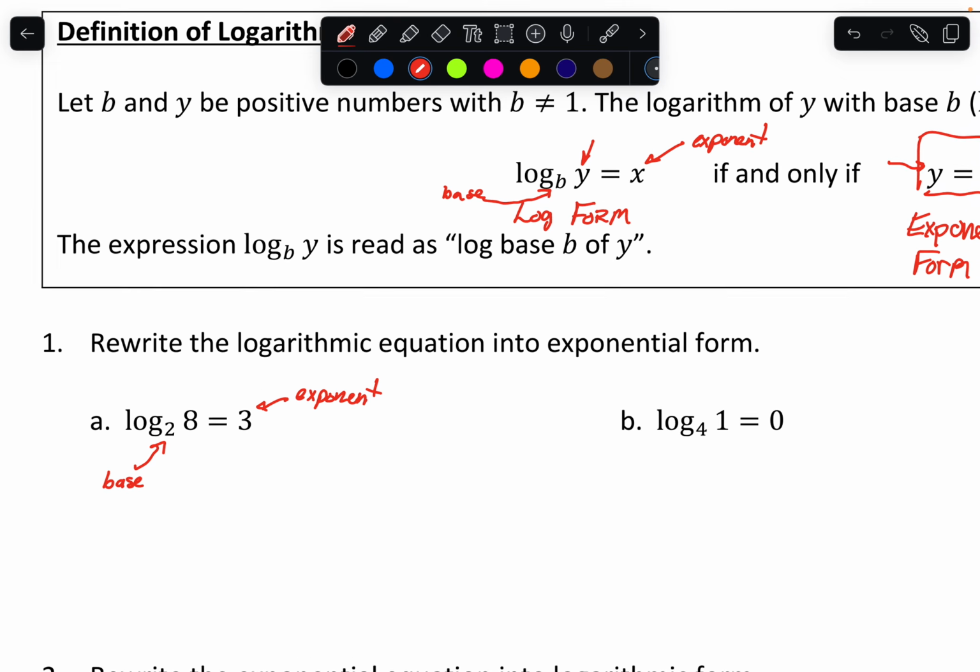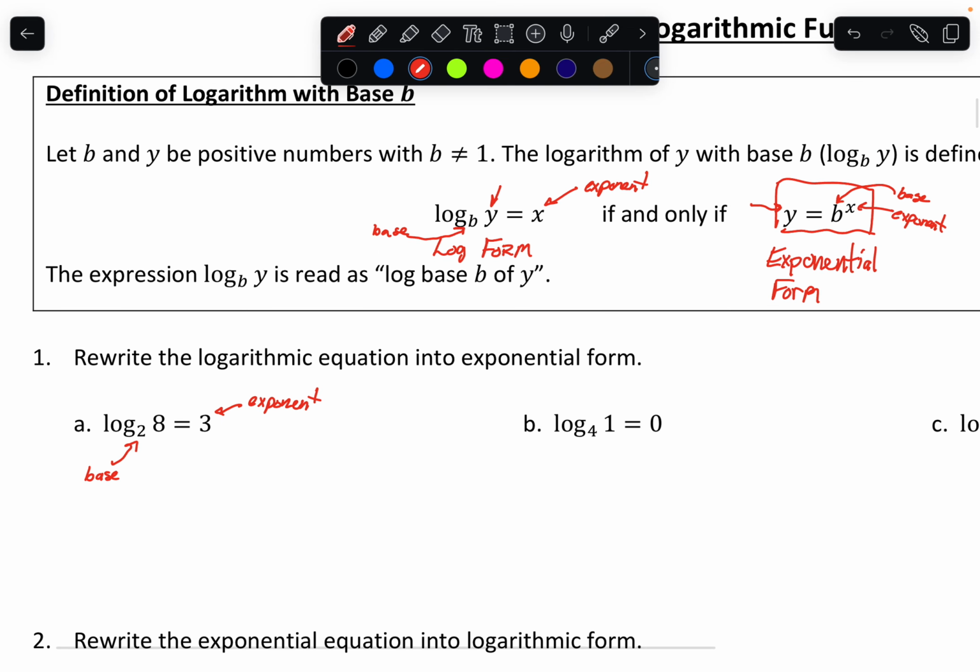Remember that the exponent is by itself in log form. So look at where everything is in log form, and look at where everything is in exponential form. What we're saying here is base 2 raised to the exponent 3 is equal to 8. Again, this is log form, and this is exponential form, or exponent form.